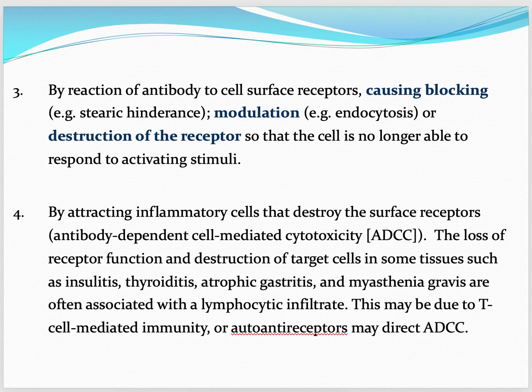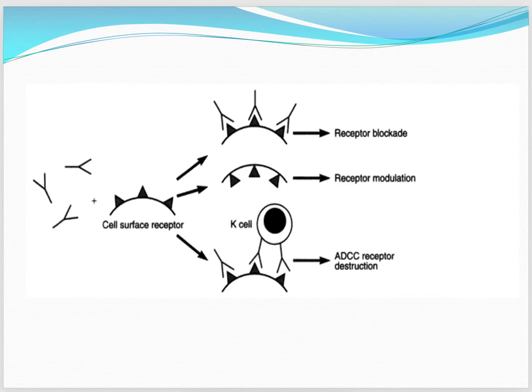What actually happens in this number 4 mechanism is that the antibody binds with the antigen. If you see this figure, the antibody binds with the receptor, and then they can activate the ADCC pathway.